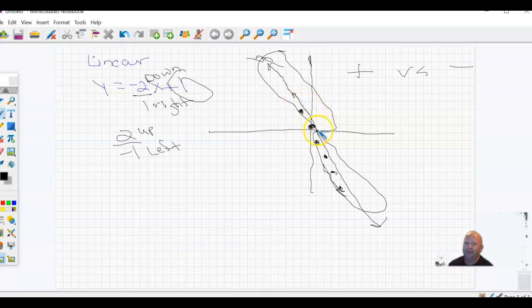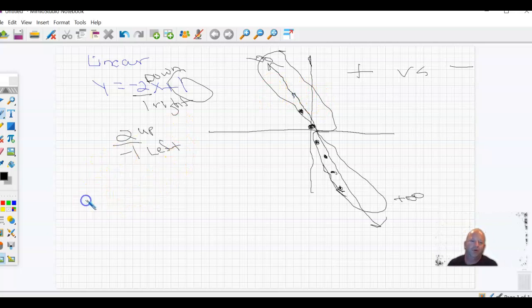And then everything from a half to positive infinity would be negative. So even though this is -infinity up here, these y values are still positive, and these y values down here are negative.